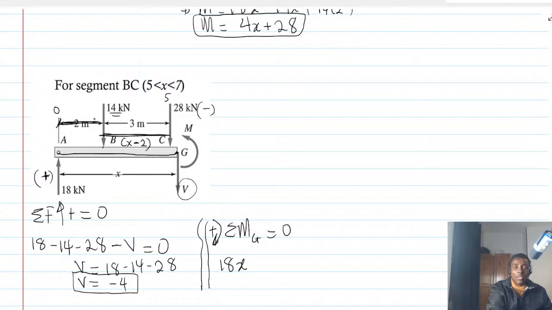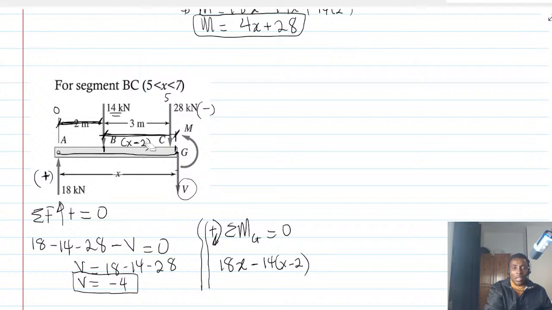We know that from here to here is 2. So then if here is X, then from here all the way to J will be what? X minus 2. So for the 14 kilonewtons, the moment will be 14 times X minus 2, which is minus. Why is it minus? Because it is going to be counterclockwise.